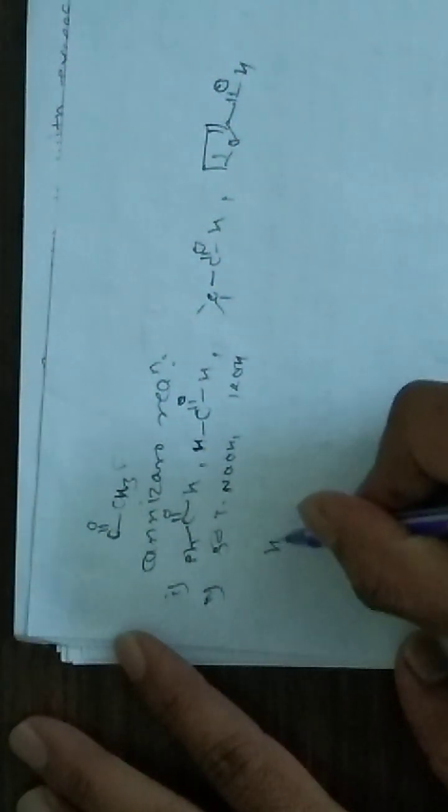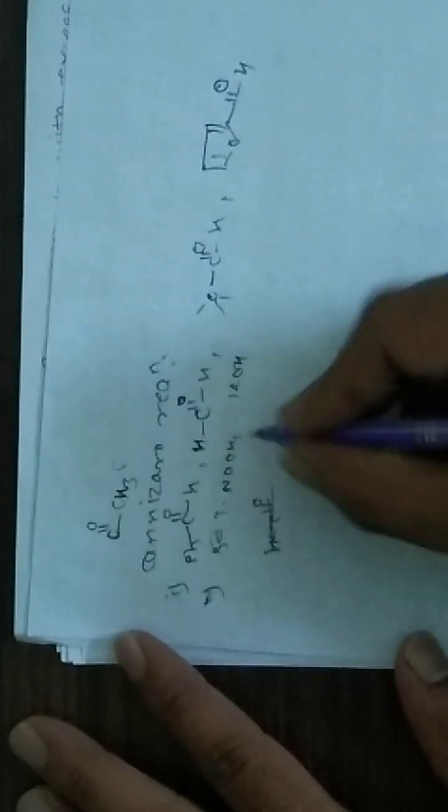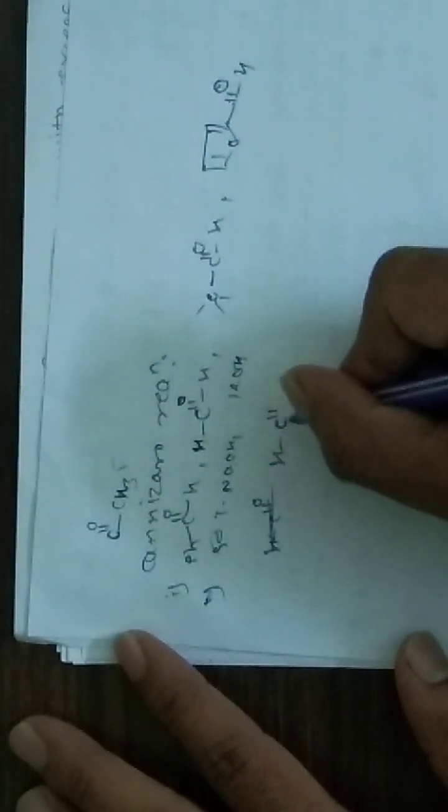So in the mechanism, what is happening? First, I am writing the general reaction. Suppose formaldehyde is there with 50% NaOH.